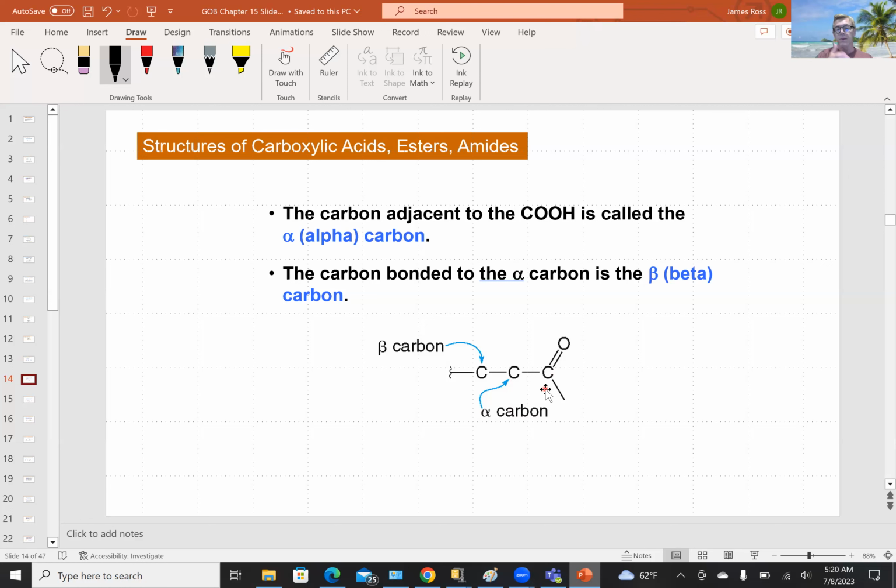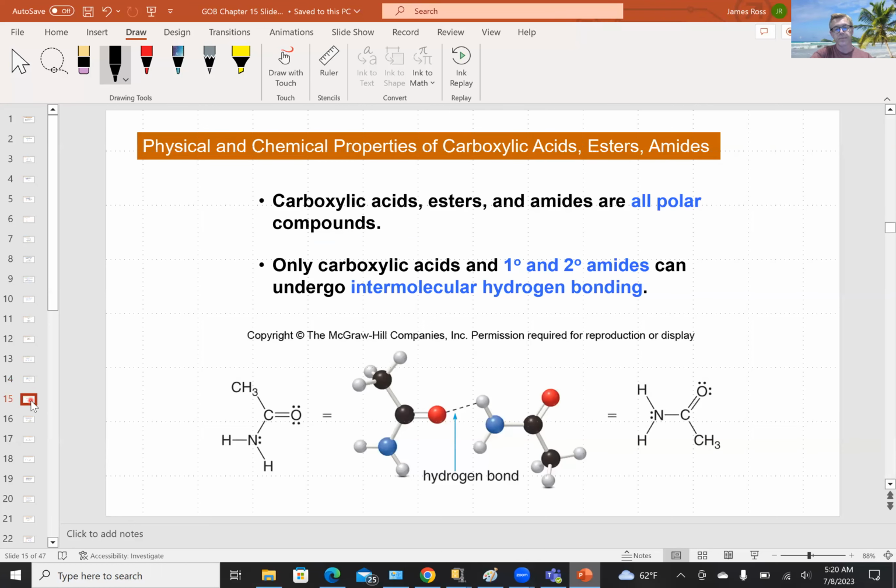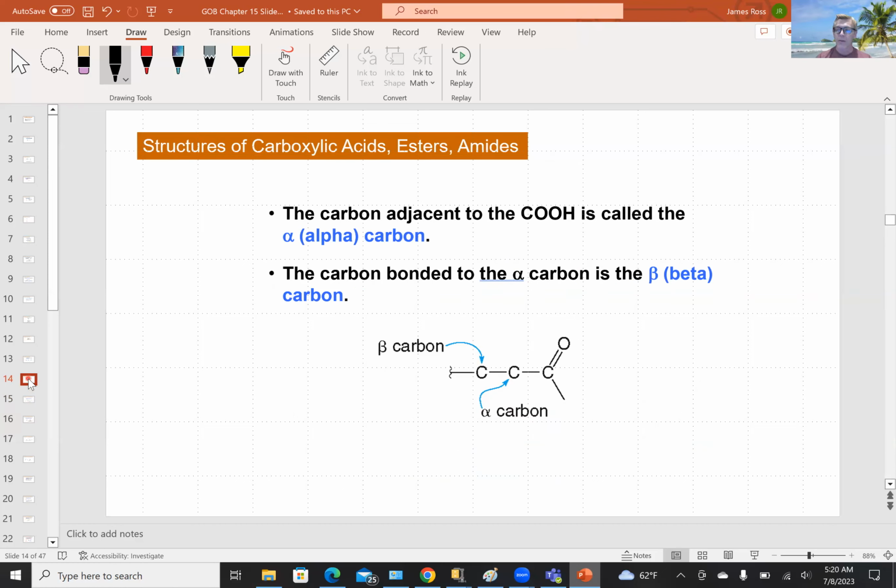And then the carbon that's immediately adjacent to carbon 1 is the alpha carbon, annotated here. The carbon that's immediately adjacent to the alpha carbon is the beta carbon. So that's pretty straightforward. And again, this alpha and beta labeling of carbons in groups containing a carbonyl will come up in amino acid chemistry later, and it will also come up in fatty acid chemistry later as well.